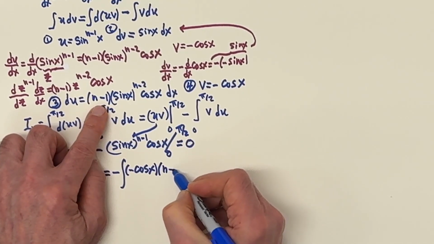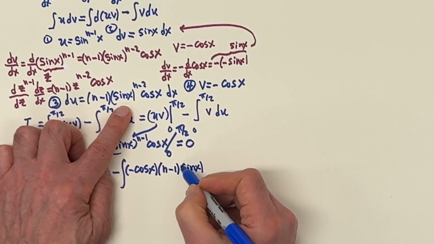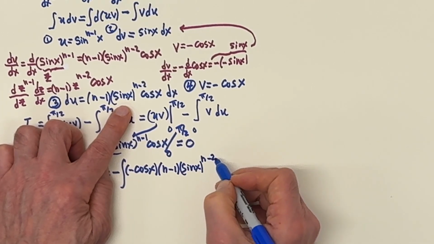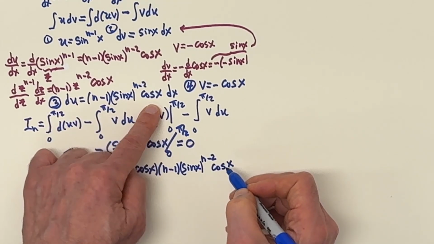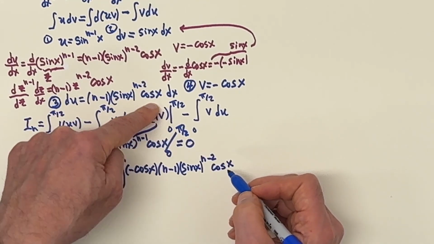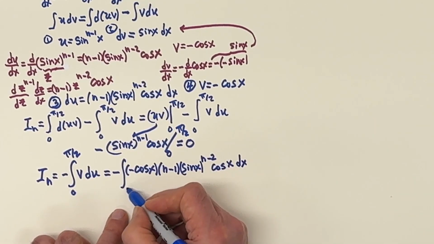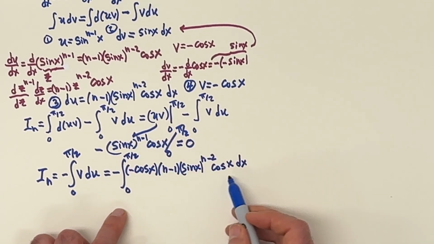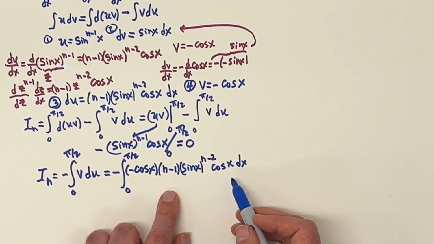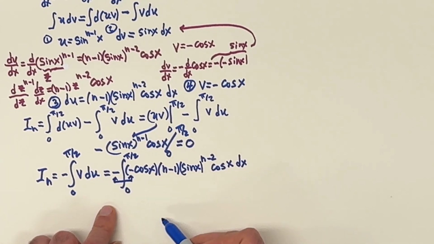So this is n minus 1, this is the sine of x to the n minus 2 times the cosine of x, and then there's a dx at the end there. And we're going from 0 to pi over 2. Wow, there's a lot of stuff there. Well, let's first of all notice that the two minus signs will cancel here and give us a plus sign.